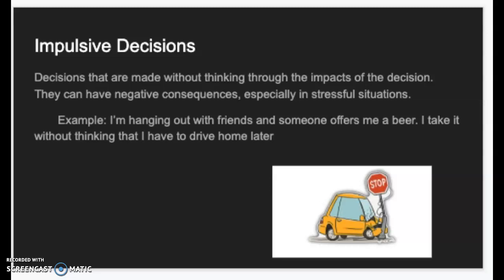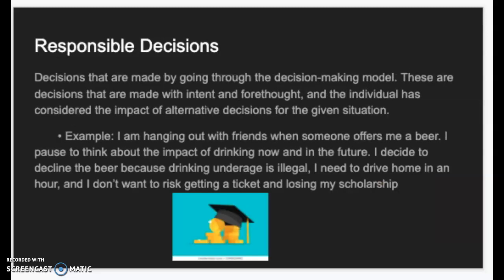So if you're like with a friend and somebody offers you a beer and you take it and you forget that you're the person who's driving home, obviously that would be happening when you have a driver's license, but if you don't think through that very well, that could have a very negative impact. So again, there are times where people just make a choice without really considering the consequences.